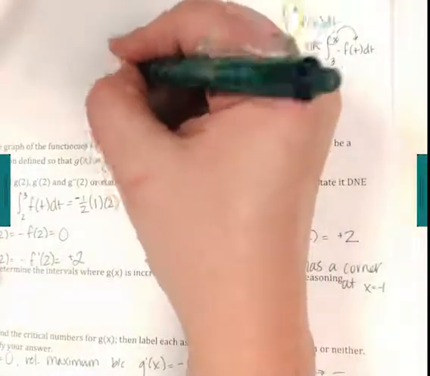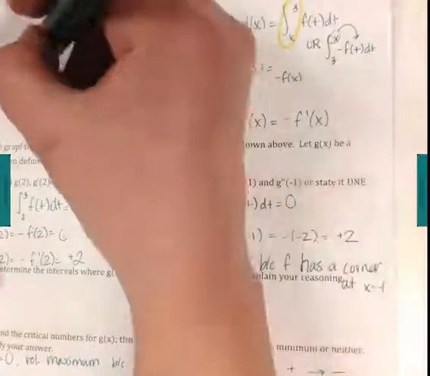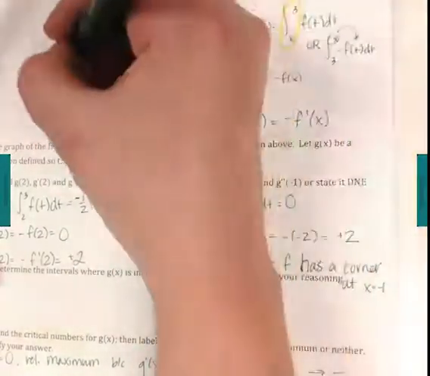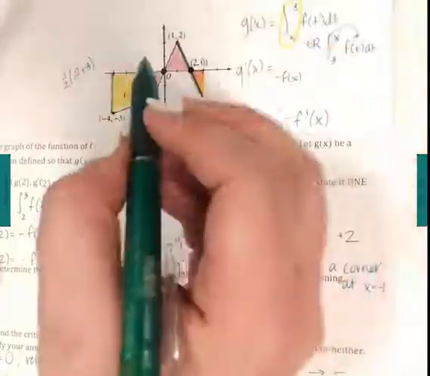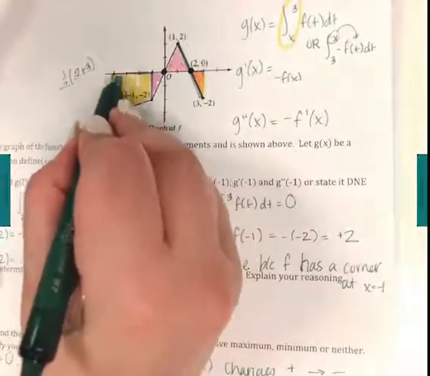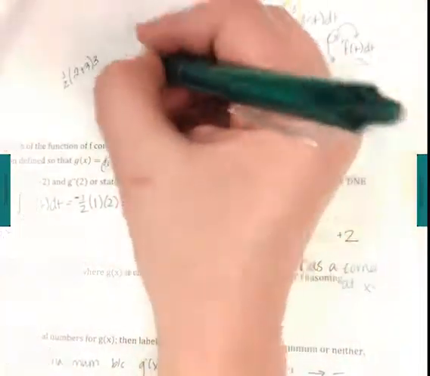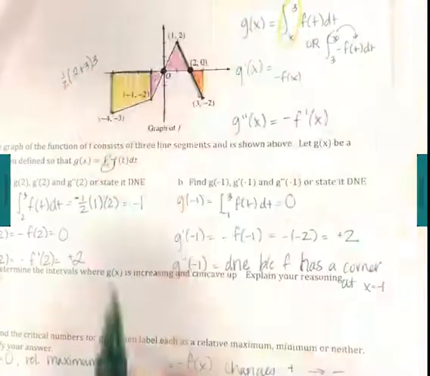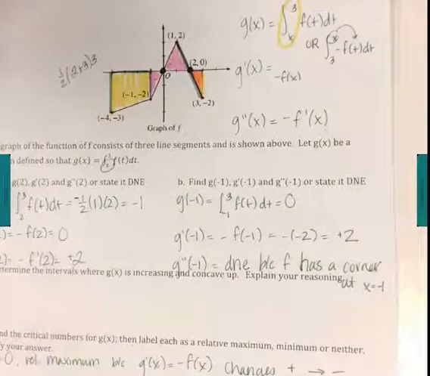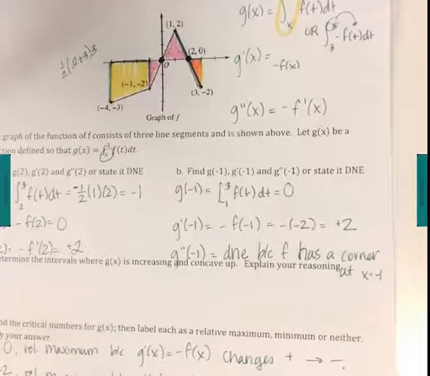How long is this base here? 3. So it'd be 2 plus 3. And then how wide is it? 3. Because remember, I can only count from 1 to 4 for my base. So 2 plus 3 is 5. 5 times 3 is 15. Half of that would be 7.5.